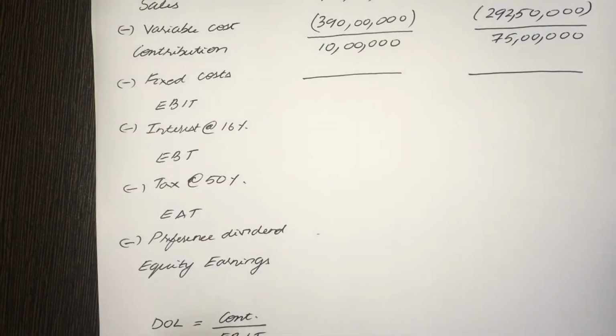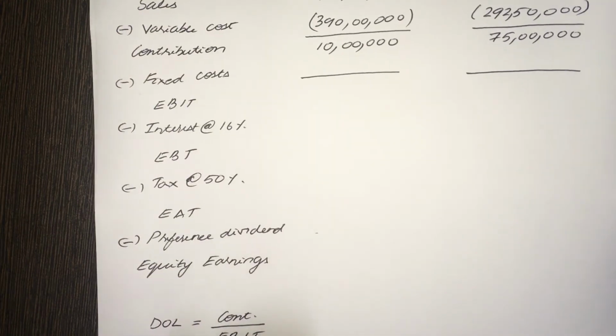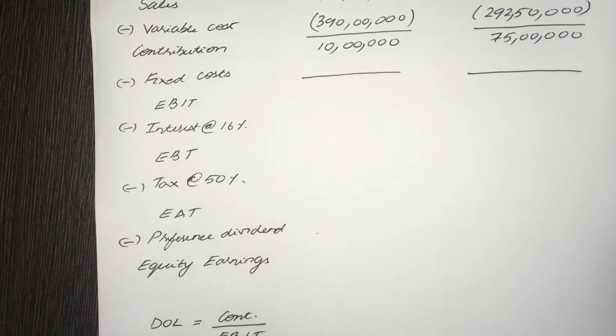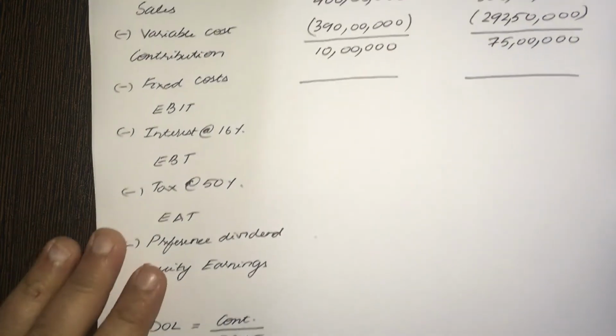And we know DOL also, 2.5. So 2.5 is equal to 10 lakhs divided by EBIT. Therefore EBIT will be equal to 4 lakhs.